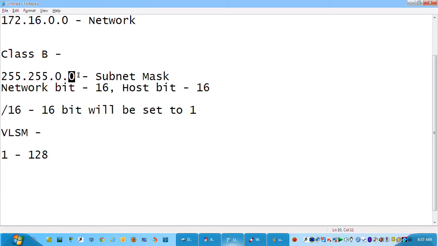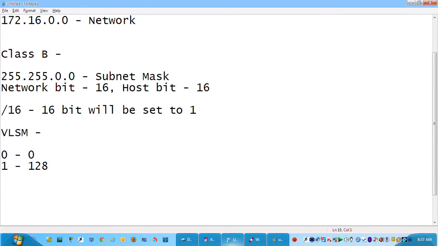If all 8 bits are set to 1, for example /16 means 8 bits set to 1, 8 bits set to 1, and this 8 bits set to 0, this 8 bits set to 0. So 8 bits set to 1 means it will be 255, and 8 bits set to 0 means it is 0. If it is in between, then I have to calculate. If it is 0, then the value will be 0. If it is 1, then it will be 128.